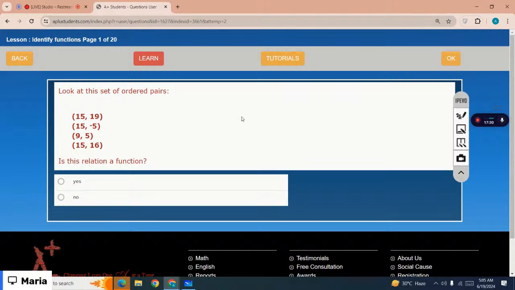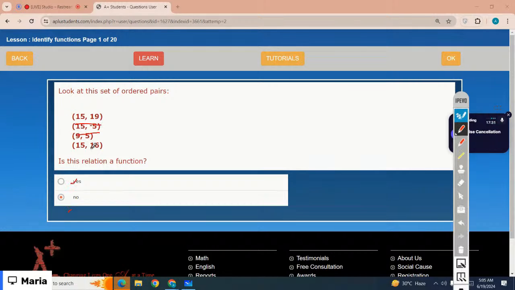The correct option is no. You can see the x value 15 has three different y values, right? 15, 19, then 15, negative 5, 15, 16. So one x value is mapped to three different y values.